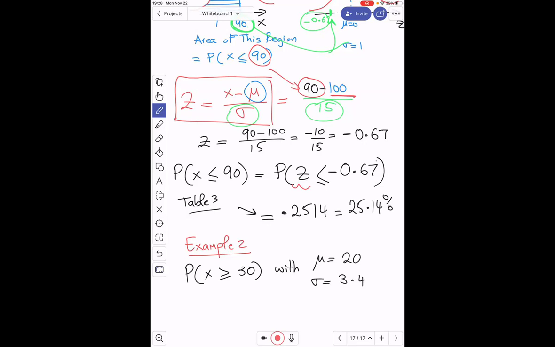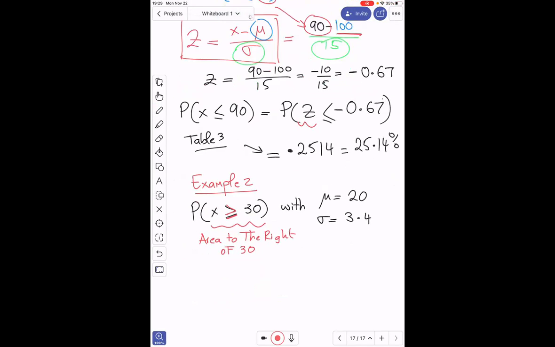So x is larger than 30. This is the area to the right of 30, because it's larger, right? This is larger or equal. So it's to the right of 30.